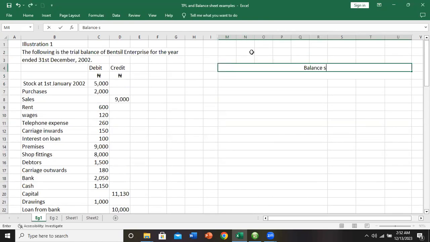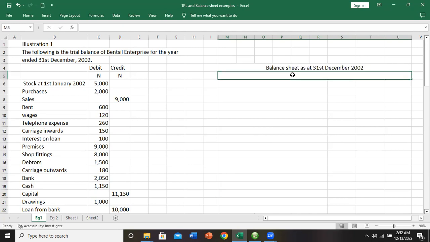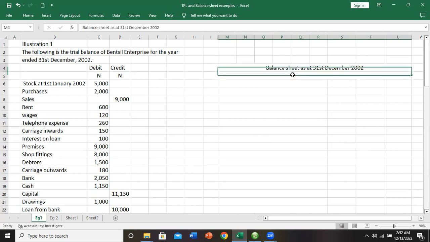So balance sheet as at 31st December 2002. And as we have all agreed, you need to bring in your currency. So the currency is Naira.